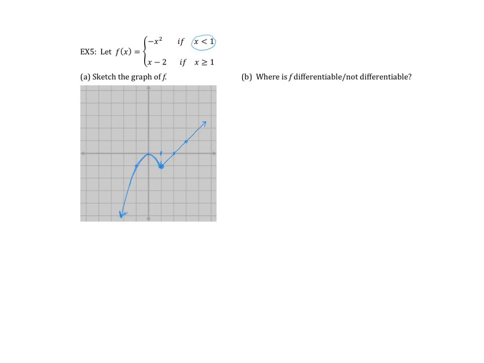So if I look at this graph, it's a continuous graph. But notice at 1, it's not differentiable, because there's actually a combination of a cusp and a corner. So it's not going to be differentiable at 1, which is our part B. Where is f differentiable?